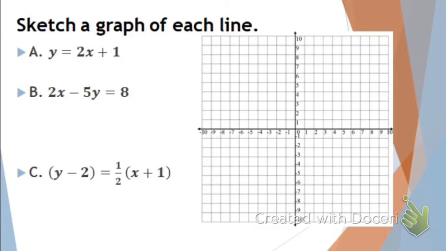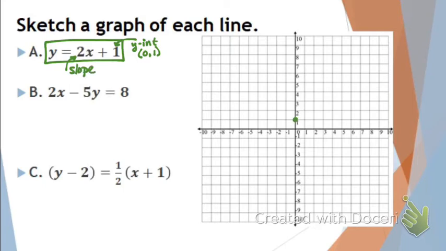All right. What would be the easiest and most straightforward way to graph line A here? Yep. +1 is my y-intercept. And we have a slope of 2. So I'm going to start at 1 on the y-axis.